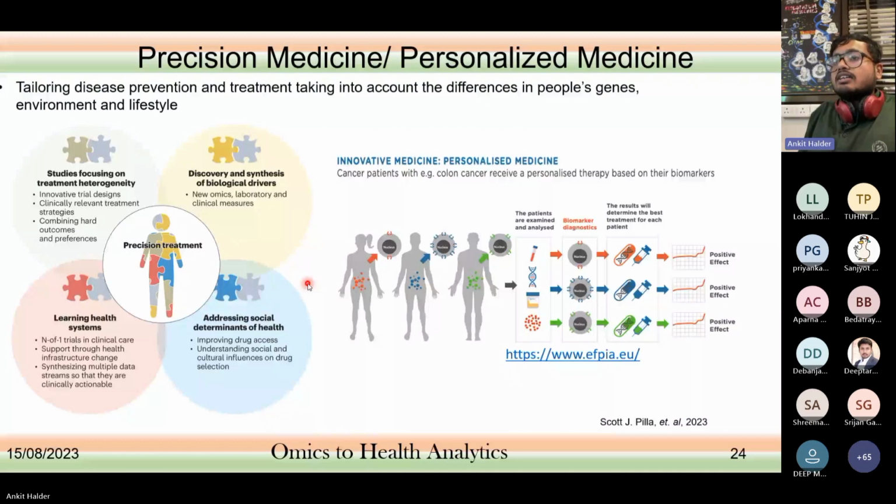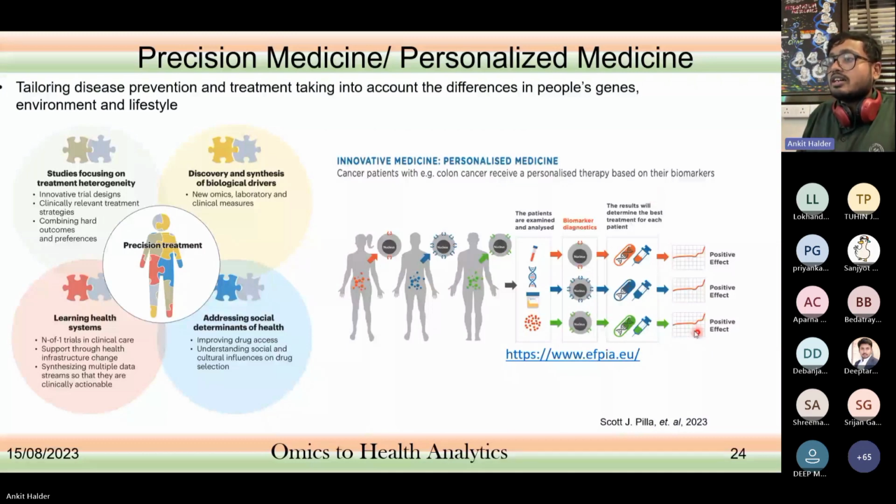Finally, these three patients have the same disease, but on the basis of their genomic, transcriptomic, proteomic, or metabolomic profiling, we will diagnose the different biomarkers and receptors, whether that person has a particular receptor or not. On the basis of that, we determine the drugs, and all three will give a positive effect.